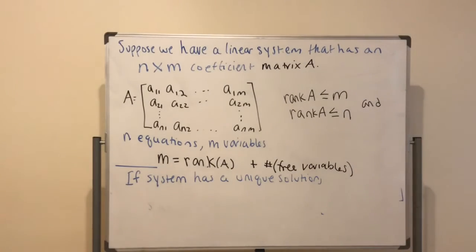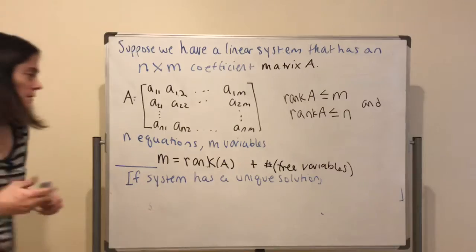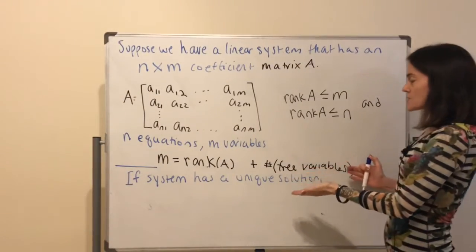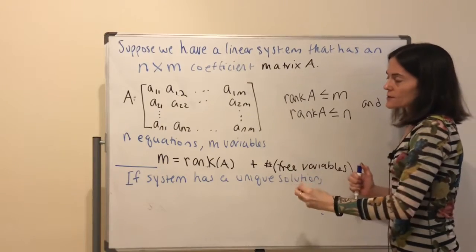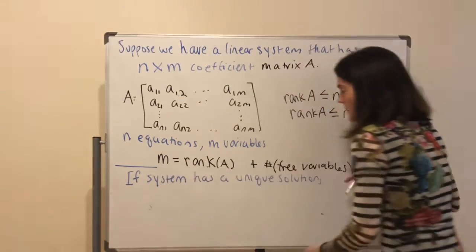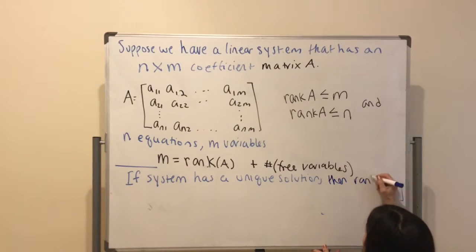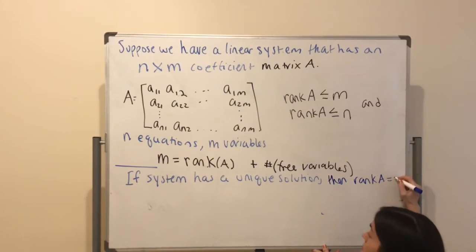Okay, if it has a unique solution, well, let's just look at this equation above. It says you have no free variables. So this says the rank of A is m. Then the rank of A equals m. And here, I'll write it underneath, this is the number of columns.